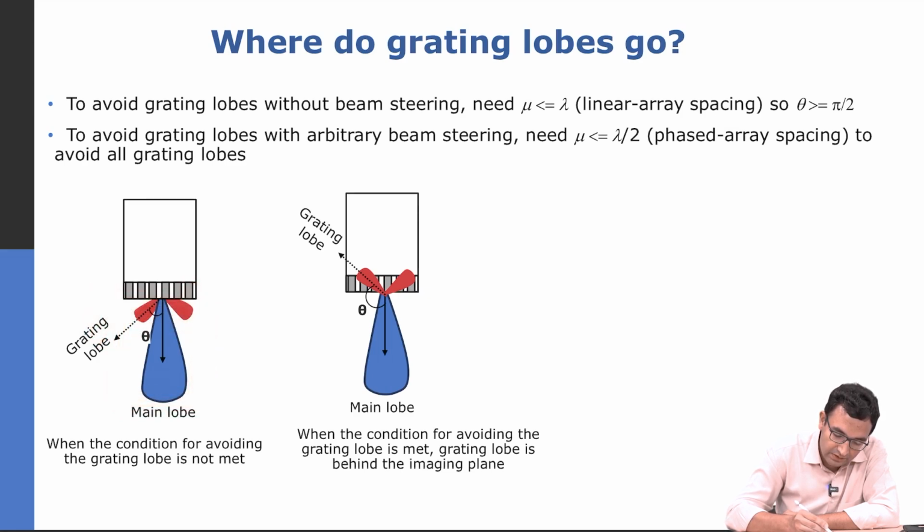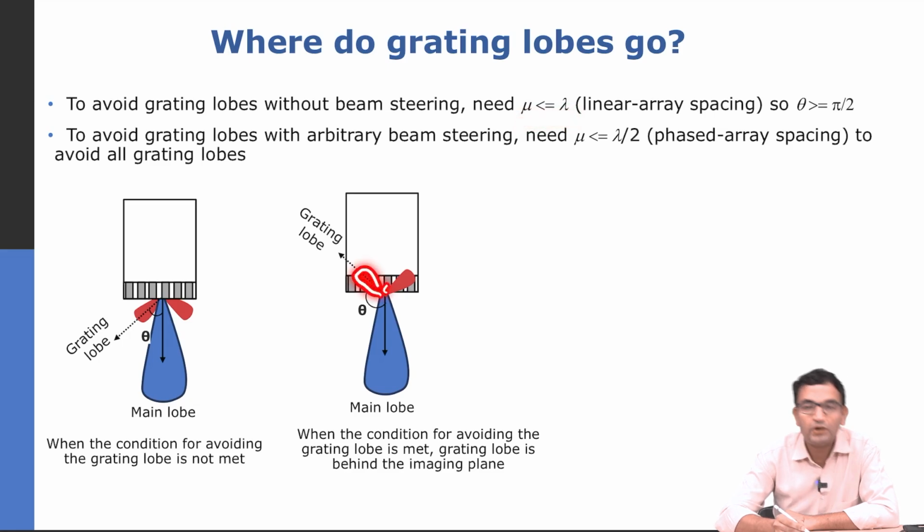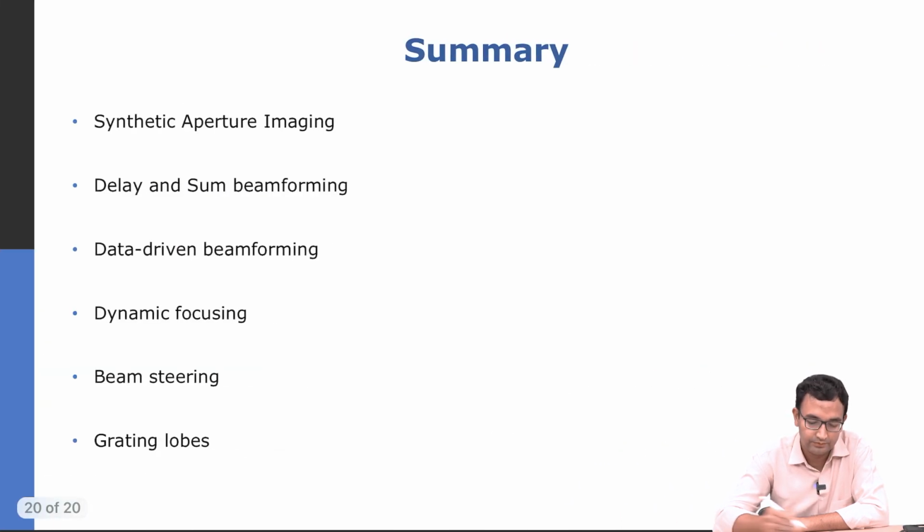This is my region of interest and my grating lobes fire in that region. They are in my region of interest. But if I sample properly, such that the element dimension is less than lambda for linear array and less than lambda by 2 for phased array, the grating lobes will face backwards. They will be at an angle where they will not really contribute to your image. They will not create any confounds.